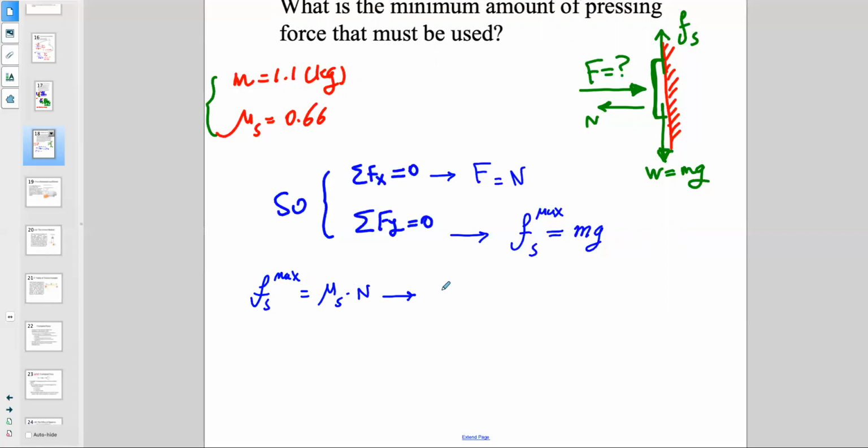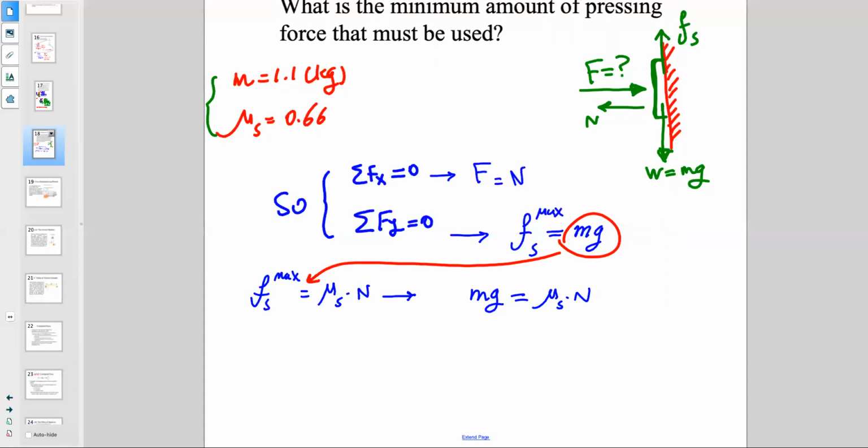So now I can substitute mg for F of S. In other words, I can write mg equals mu s times n. How did I get that? I got it from here. I just substituted this in here.